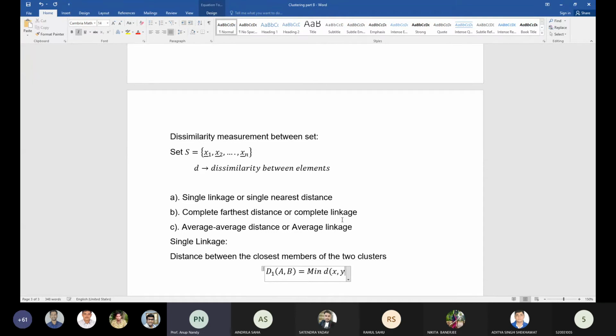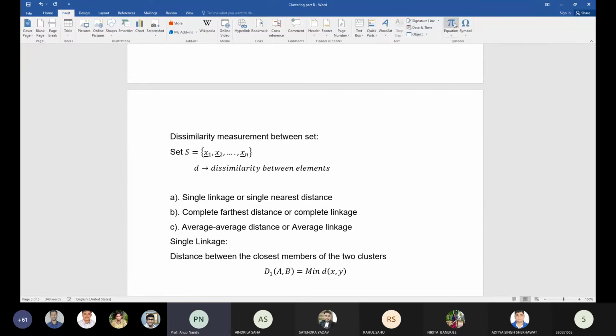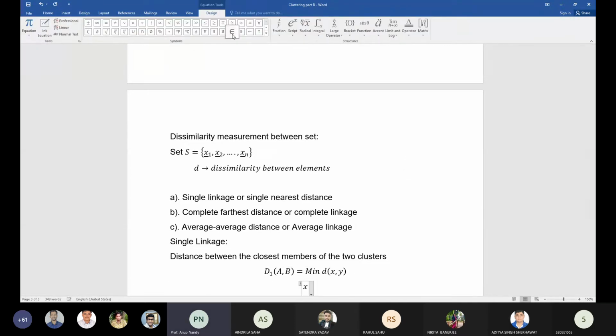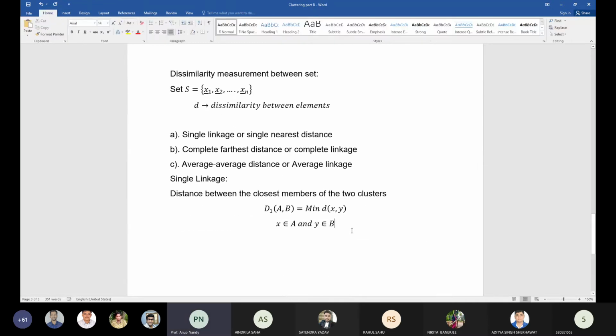You have to compute this minimum distance x comma y, where x is an element of A and y is an element of B. Okay, so this is a minimum distance that you have to compute. Now, how does it look?